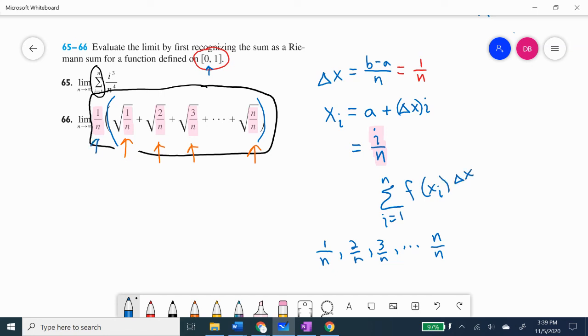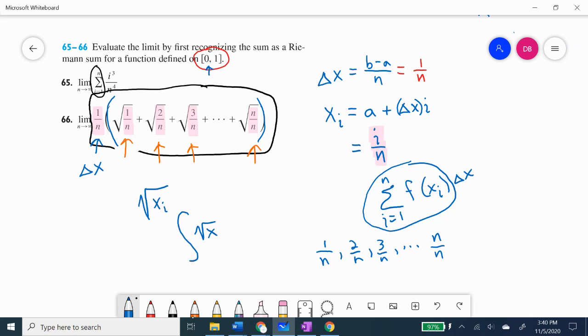I already have my delta x here. The sum of f of x sub i's is showing me over and over again the square root of the x sub I formula from I equals 1 to n. That means the square root of x is my function. So to turn this into a definite integral, the square root of x is my integrand.